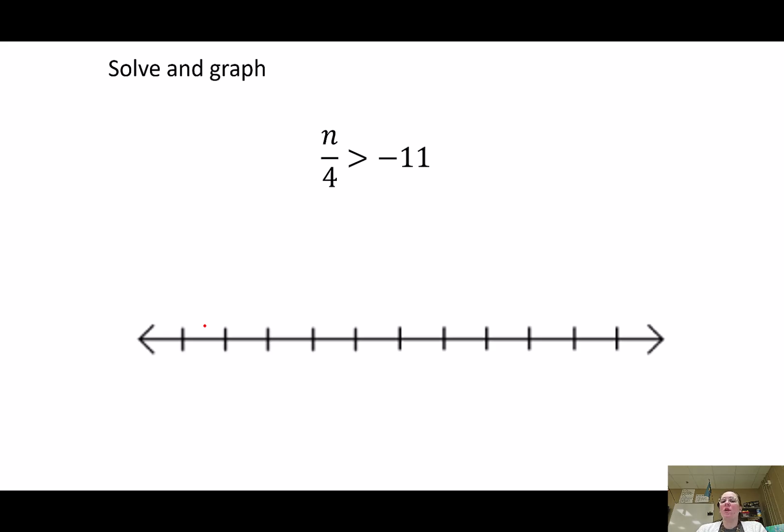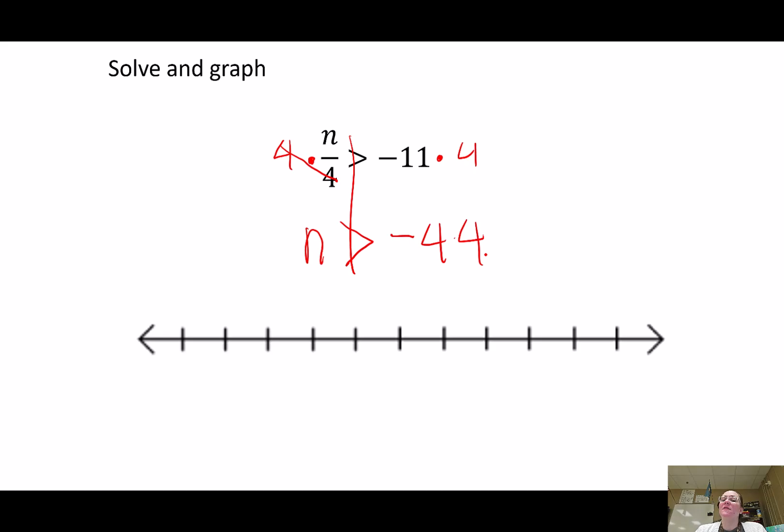Now, I want to look at this one here. Notice this one is very similar to our previous one. The big difference here is this is not negative. I am not going to flip the sign. The 11 is negative, yes, but that does not matter. So I'm still going to follow the same steps as I did before, but this time I end up with a negative 44.